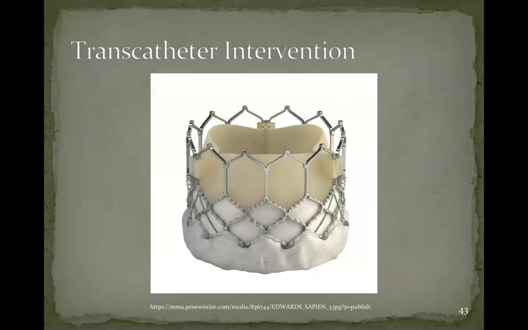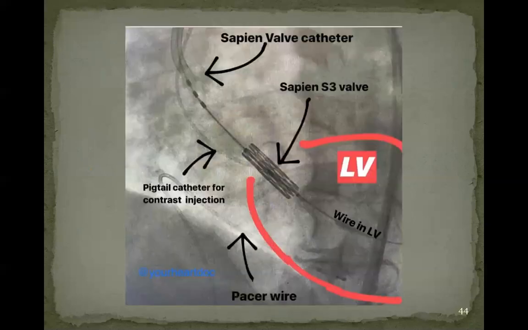Here's my favorite recommendation, which would be a transcatheter intervention. This is an Edwards Sapien 3 valve that can be placed transfemorally. Here's actually a good picture I found online. I follow a lot of cardiologists and a lot of echo stuff on Instagram, and this was a picture I saw a few days ago that shows a patient under fluoro and what you should see when performing a TAVR.